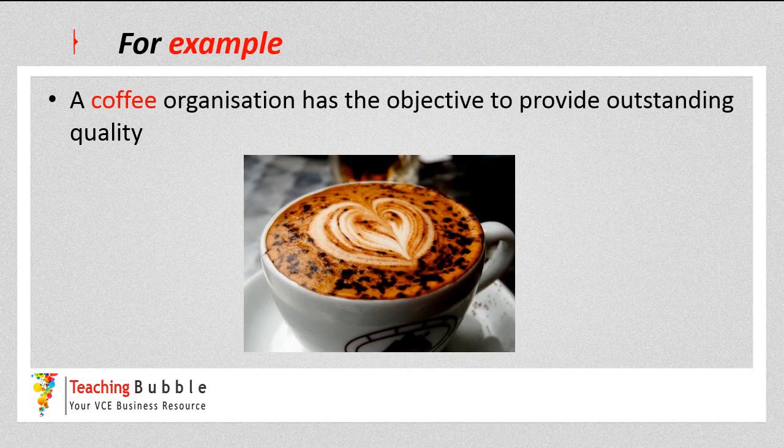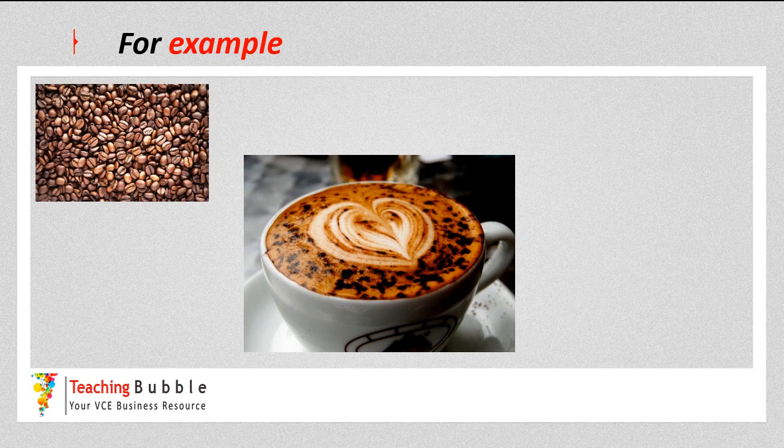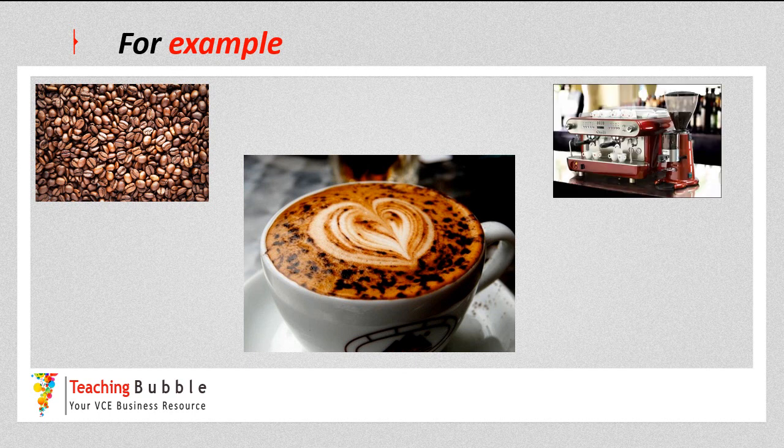So for example, a coffee organisation has the objective of providing outstanding quality. Let's say that that's their overall objective. They may need to look at their ingredients, and so they look at their coffee beans and buy high quality coffee beans. They look at their processes, and that could be part of their machinery in terms of how they're actually producing the quality of their coffee.